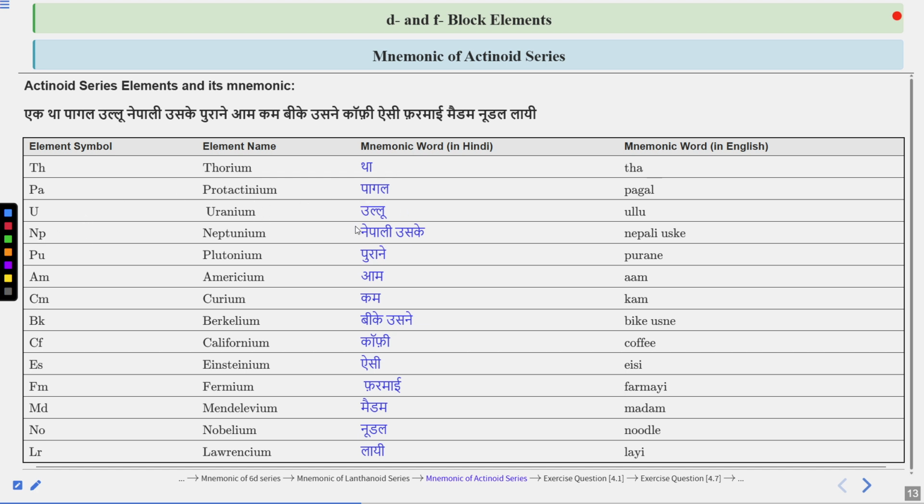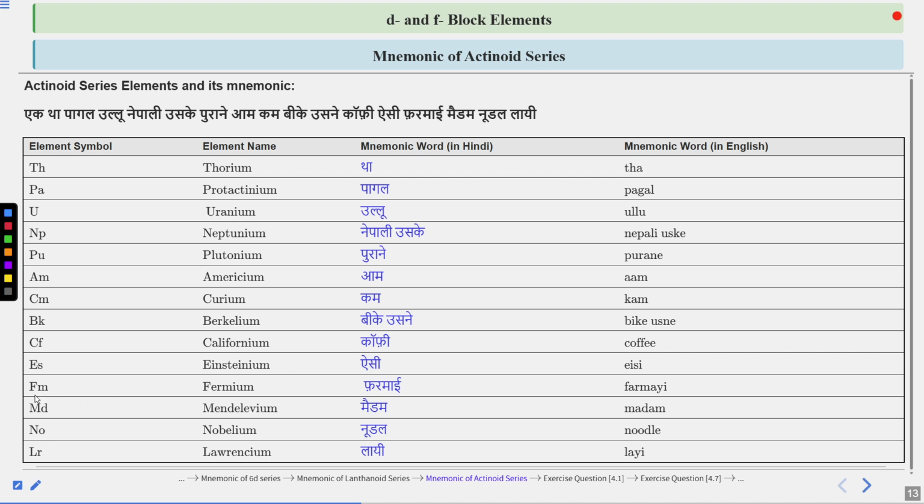Nepali uske is for neptunium, NP, Purane is for plutonium, that is PU, Am is for americium, that is AM, Kam is for curium, that is CM, Bike usne is for berkelium, that is BK, and coffee is for californium, CF. Coffee is more related to the CF symbol. SE is for Einsteinium, that is ES.